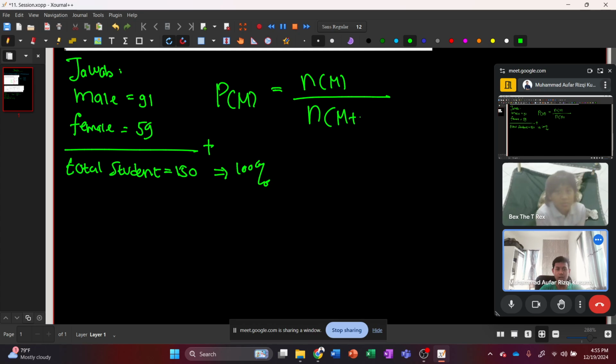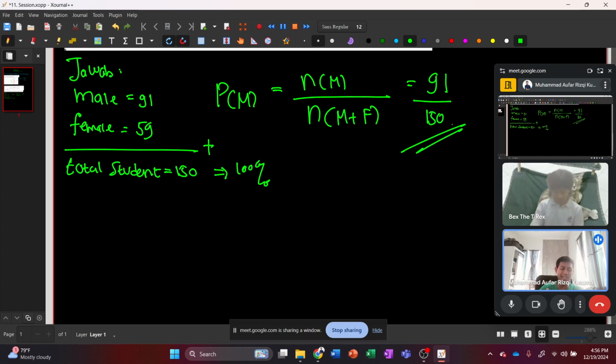The number of male is 91, and the number of female and male is 150. So this is the probability.